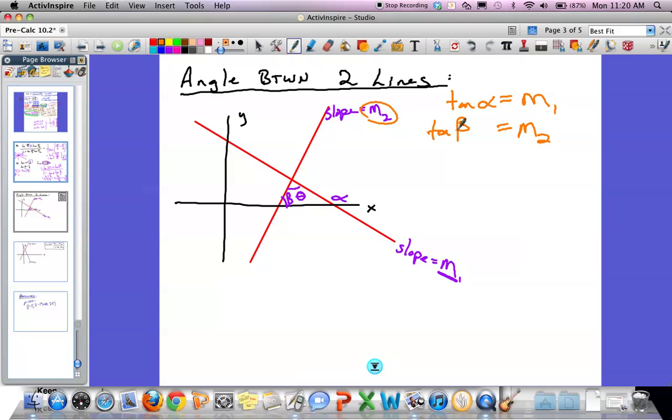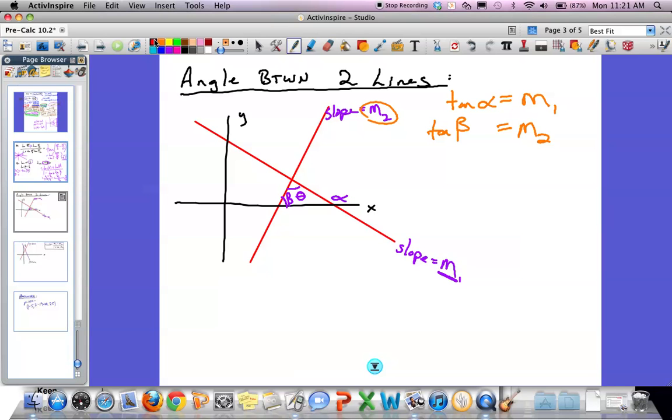Now, think back to your geometry class. What is the relationship between alpha, beta, and theta? You might have called it something like this: the exterior angle of a triangle is equal to the sum of the two remote interior angles of a triangle.